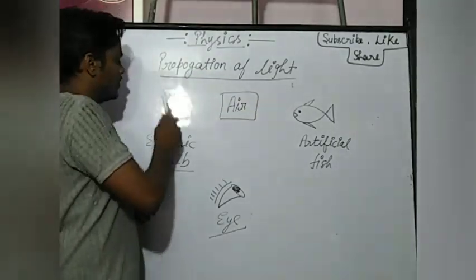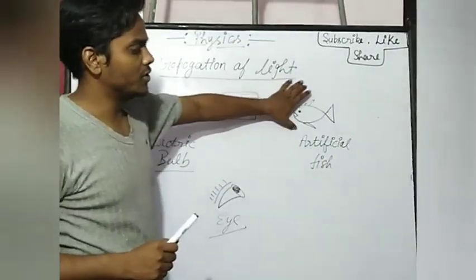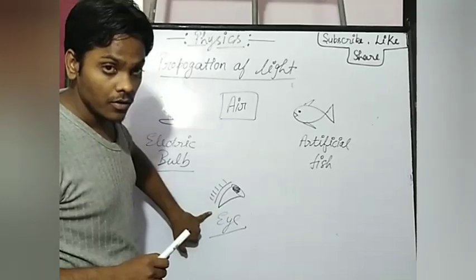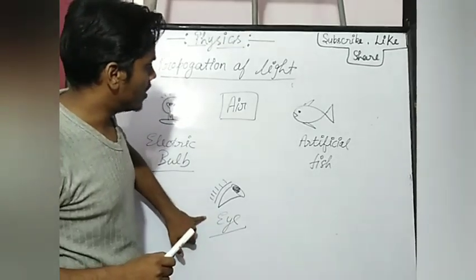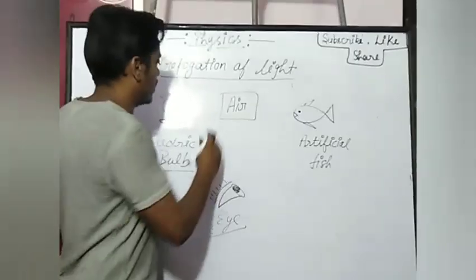Why? Because a direct ray of light falls upon this object and after reflection it comes to this eye. Then we are able to see this object through this ray of light.